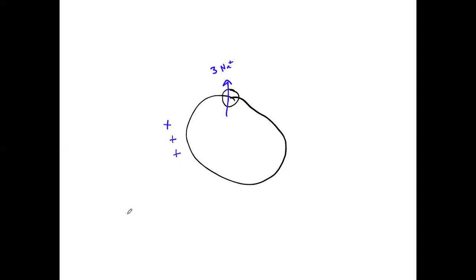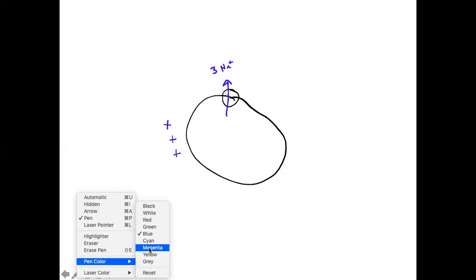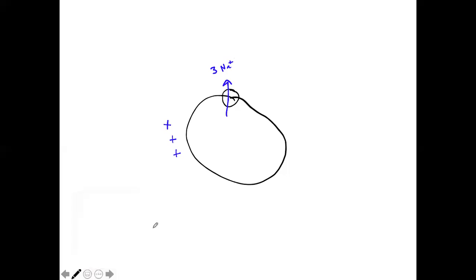And then how many potassium are we dragging in? Good. We're dragging in 2 potassium. Okay, so we're going to put the 2 potassium right there.